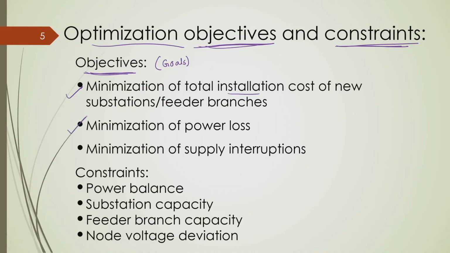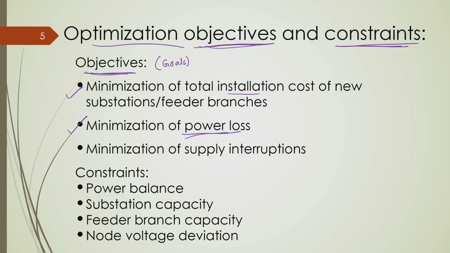Also, one of the objectives is to minimize the power loss. Power loss minimization, as I discussed in the last module as well, is one of the goals for power distribution engineers, because distribution networks incur a higher amount of power loss for the obvious reason I discussed many times.